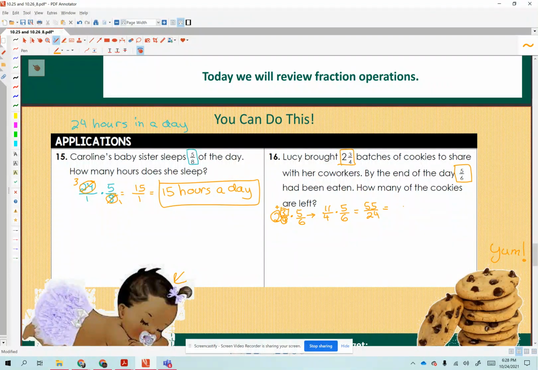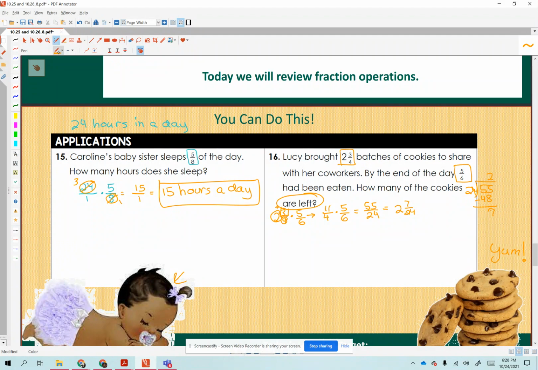And that simplifies, so we have 55, and we divide by 24. 24 times 2 is 48. And that would have a remainder of 7/24. So that would be 2 7/24 had been eaten. Now, the question is, how many are left?